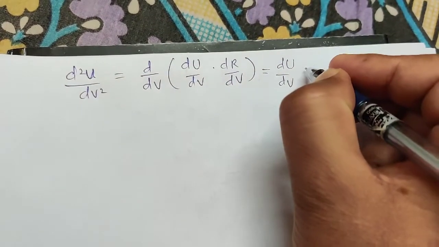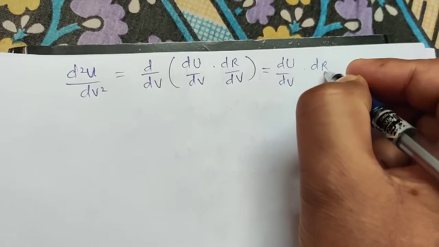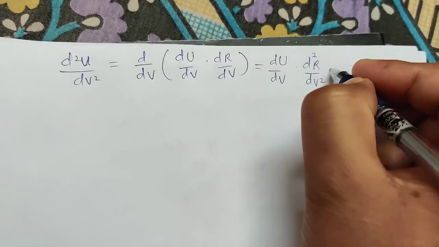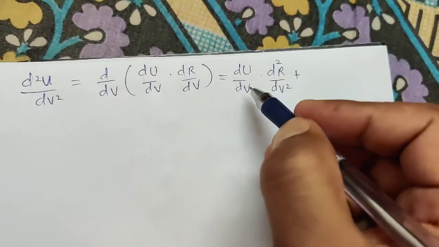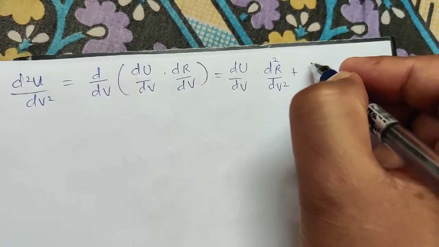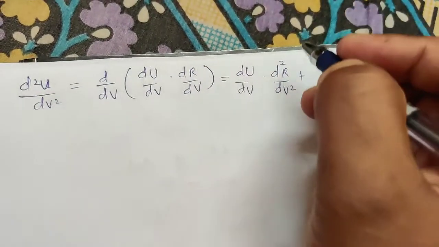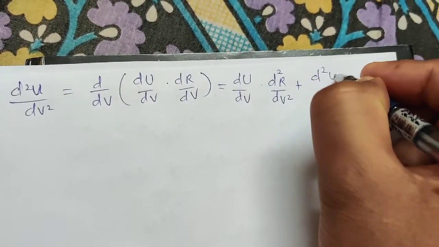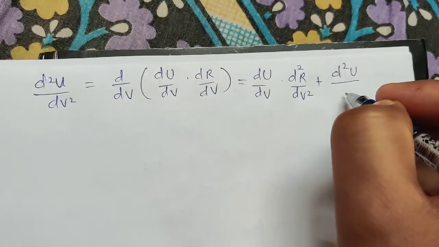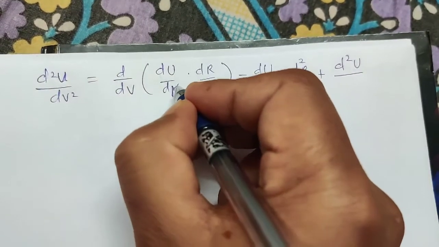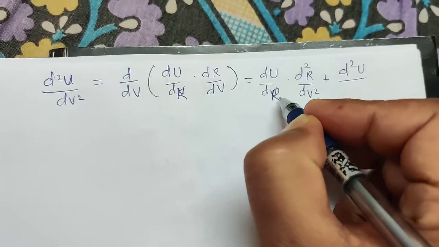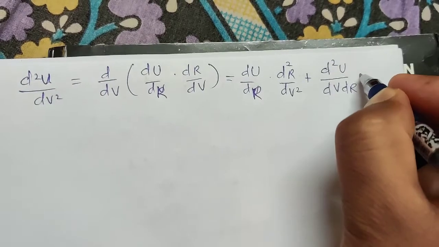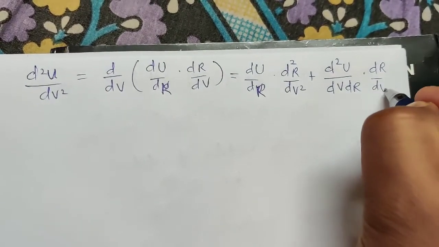So this will be dU upon dr into d square r upon dV square, plus differentiation of first function, this will be d by dV of dU upon dr, into dr upon dV.